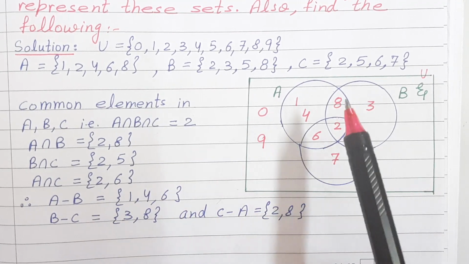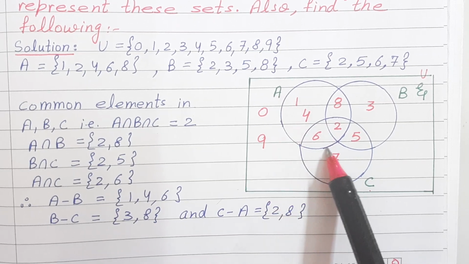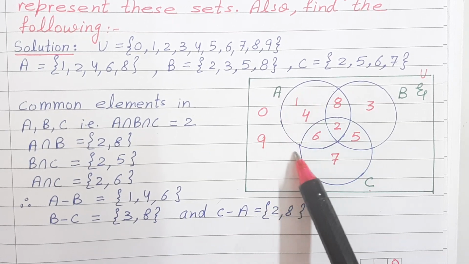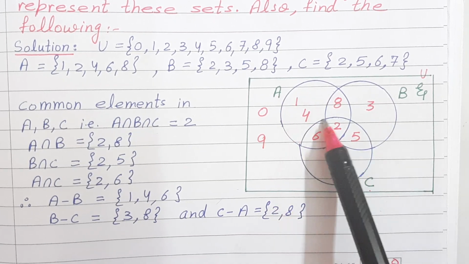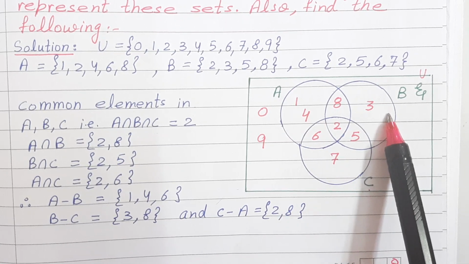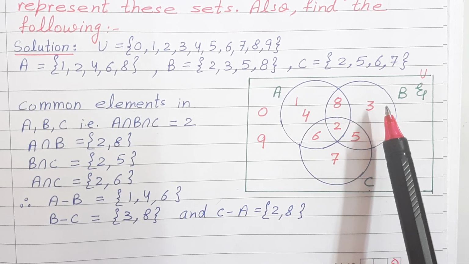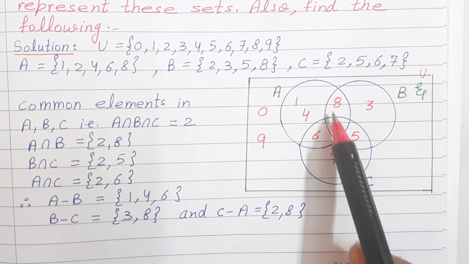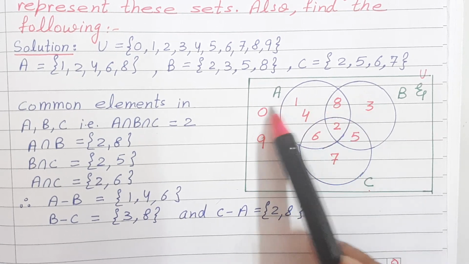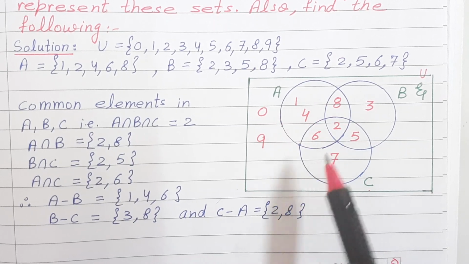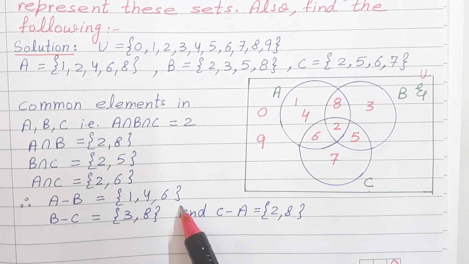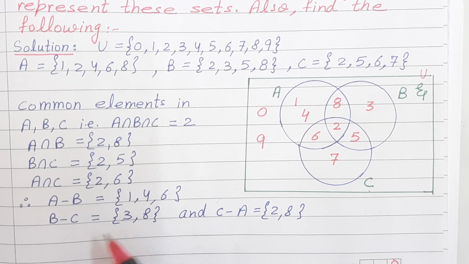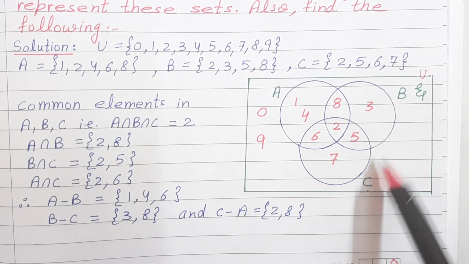Now here children, A minus B. Now what is A minus B? All the elements from A which are common with B, we have to remove. So what are those elements? That is 2 and 8. So therefore, A minus B will be 1, 4 and 6. Right? Similarly, B minus C will be what?